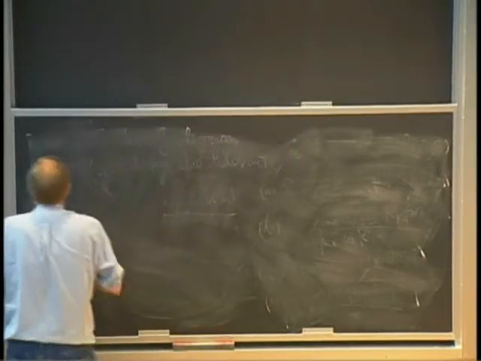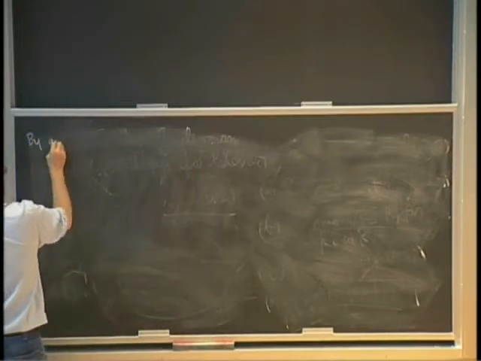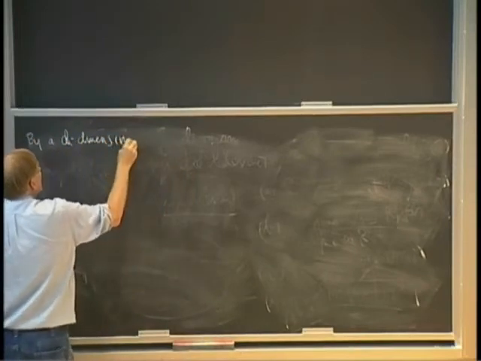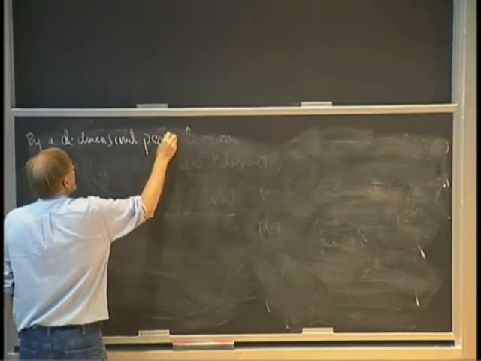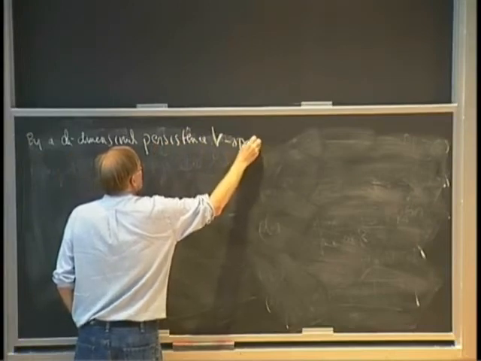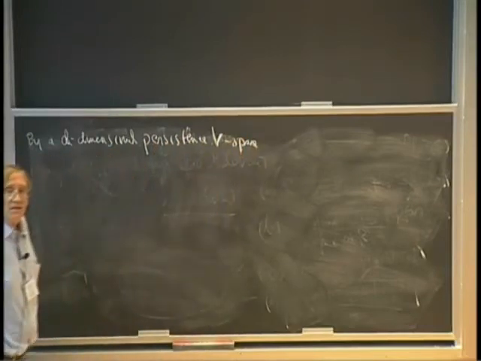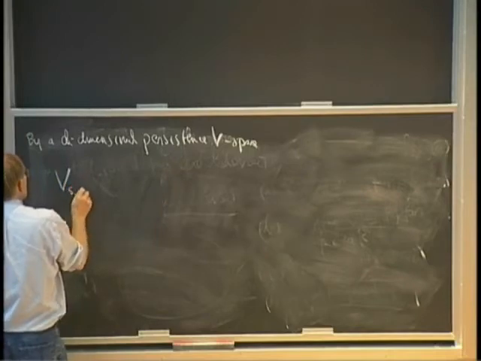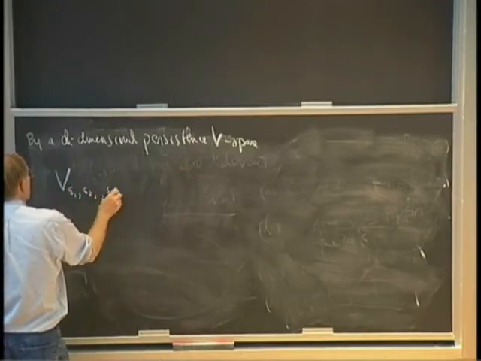By persistence d-dimensional vector space, what I mean is a bunch of vector spaces V_{S1, S2, through Sd}.